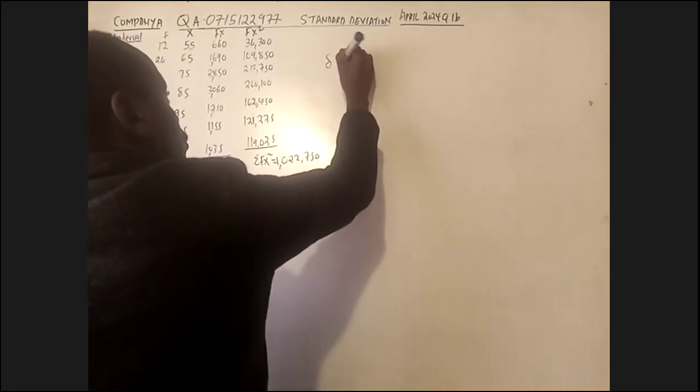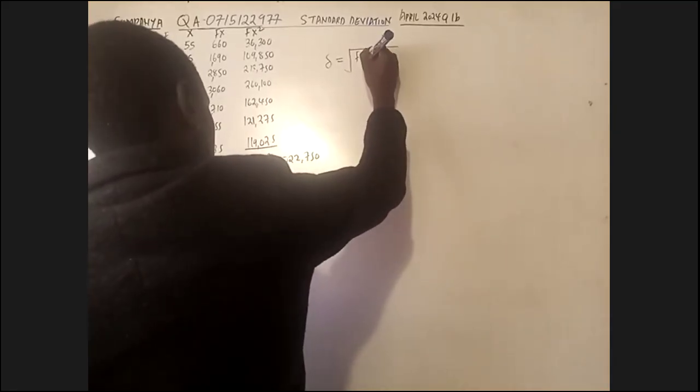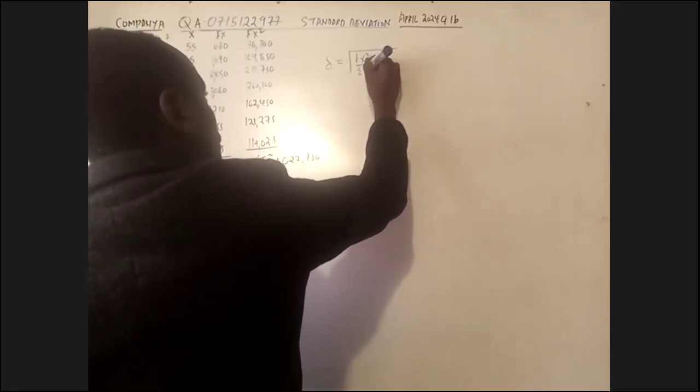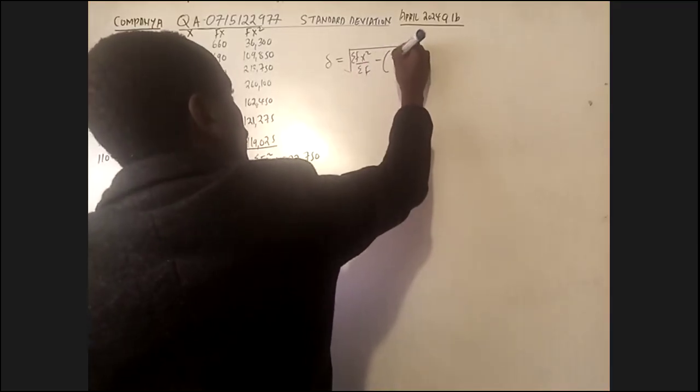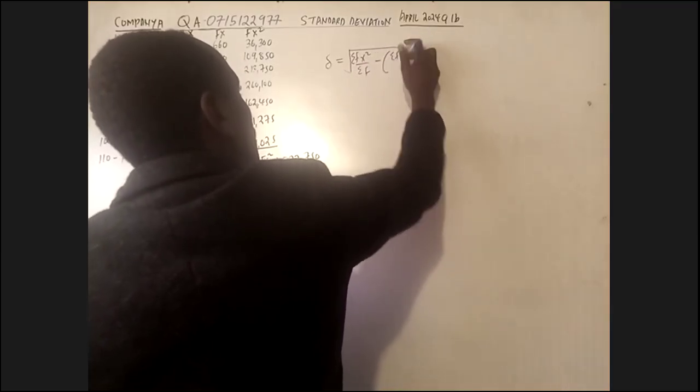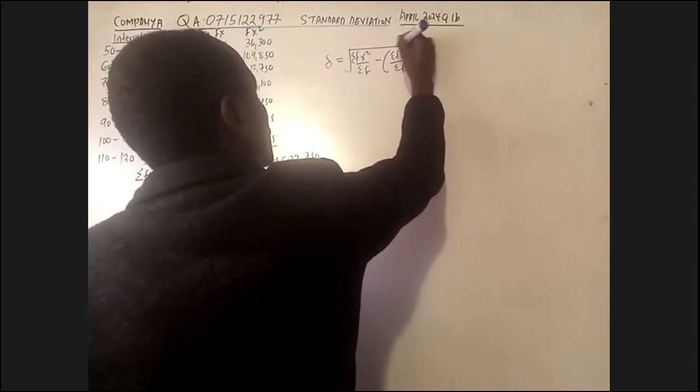Standard deviation is equal to the square root of summation of fx squared over summation of f, minus summation of fx over summation of f, squared.